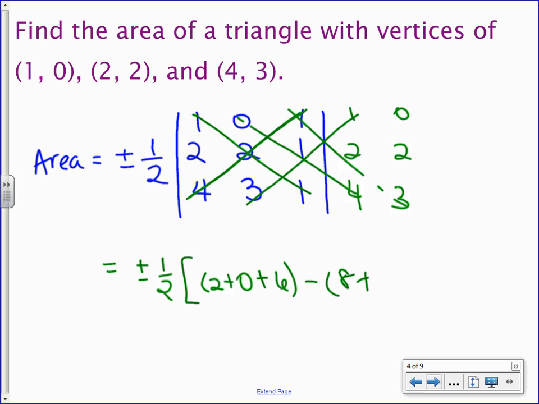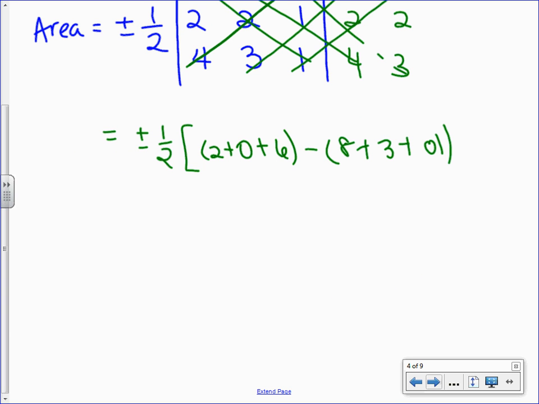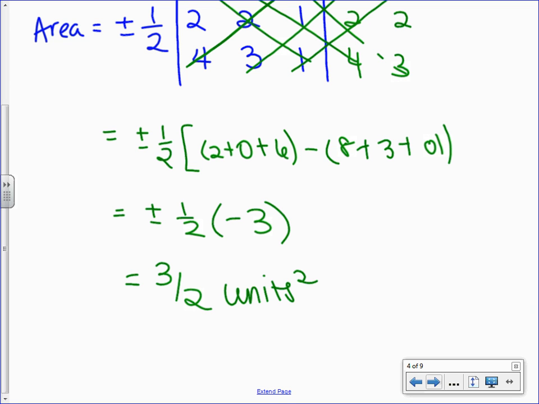Plus... So we have 8 minus 11, which is -3. Alright? So do we need the positive or the negative 1/2? We need the negative 1/2. So our area is 3/2 square units. We're talking about area, so we know it's going to be square units, right?